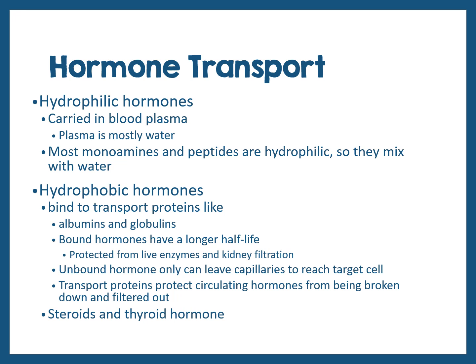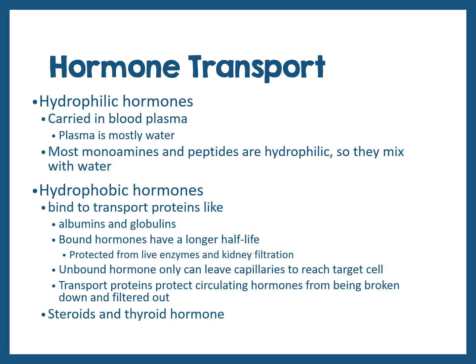So they'll mix with the blood plasma and be able to be transported. However, if they're hydrophobic, they're not going to want to mix with that water, and they're going to have to be transported by binding to carrier proteins like albumin and globulins that are produced by the liver.